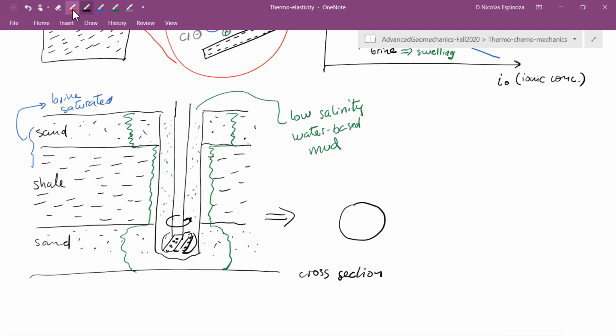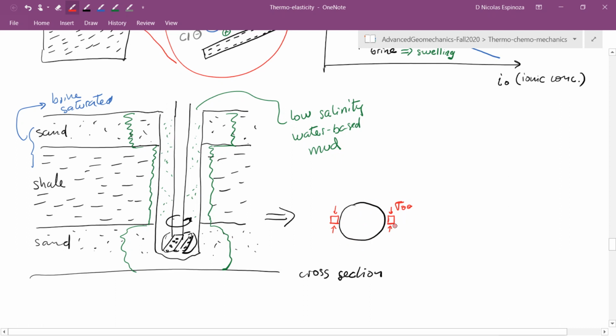If, for example, we had our hoop stresses in this region that were concentrating and producing more compression at these two locations, with the decrease in the ionic concentration of the water as the rock tries to swell, but it can't because there is more rock around, the result is going to be that the hoop stress is going to increase.